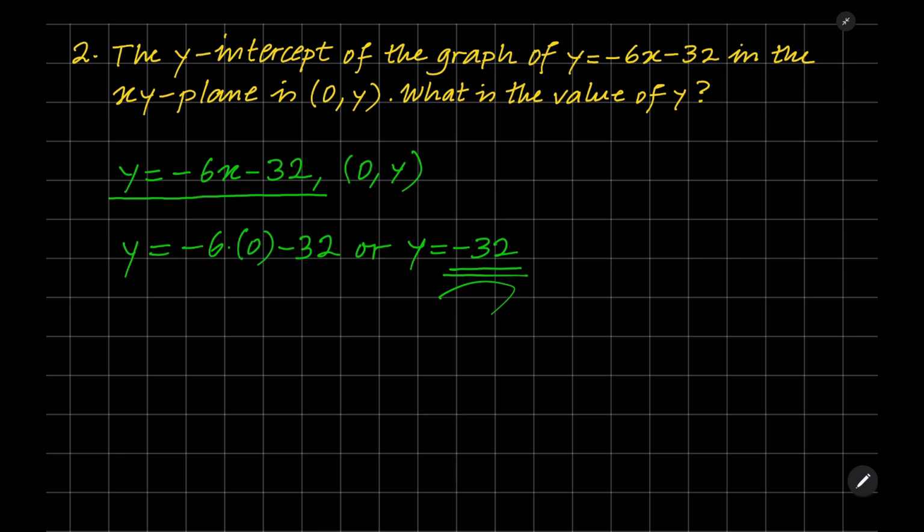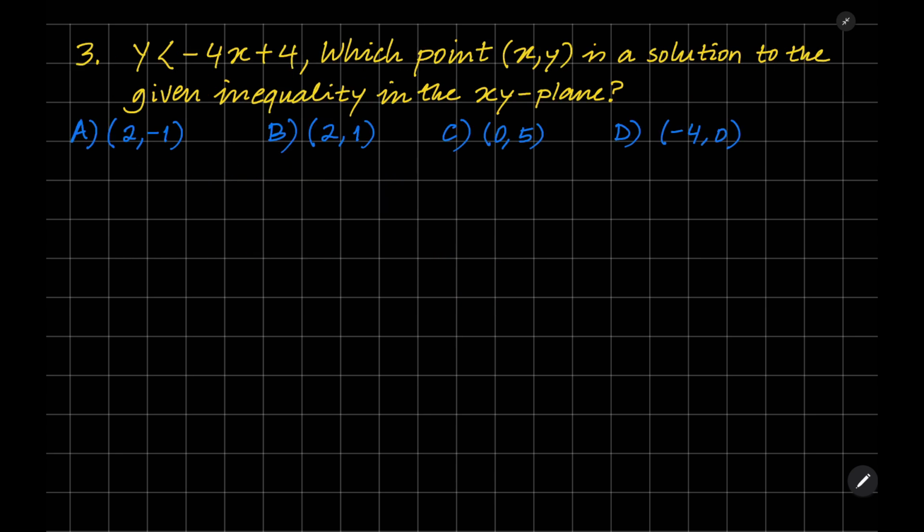Now let's go to the next question. Question 3. y is less than minus 4x plus 4. Which point (x, y) is a solution to the given inequality in the xy-plane?